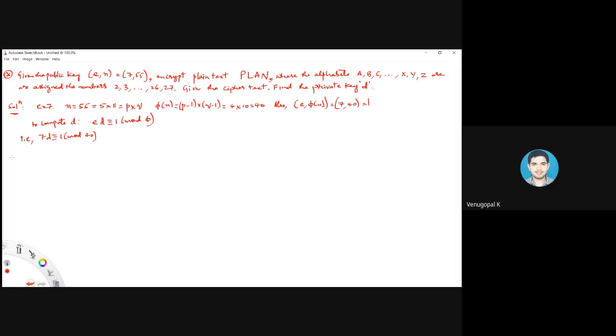Okay, so this would imply 40 should divide 7D minus 1, which by definition of divisibility means 7D minus 1 can be written as 40 into some number.